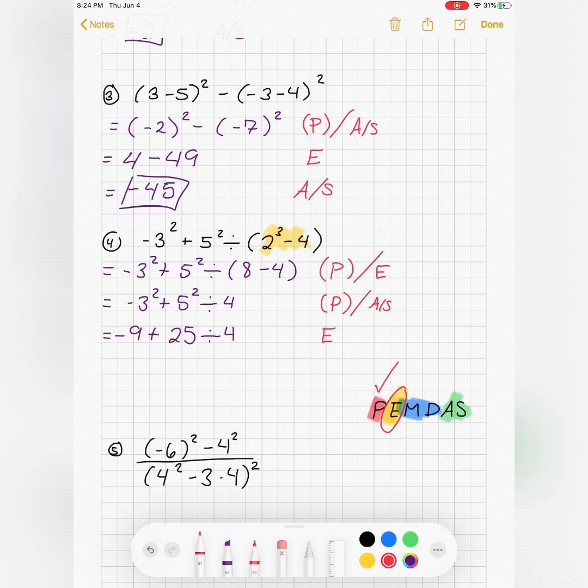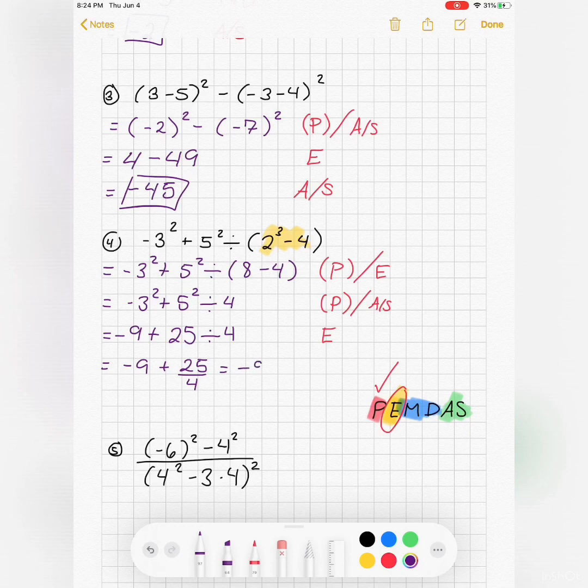Okay, so next I have to do my division. This one's a little ugly, I guess, huh? Because another way I could write this would be like so. Okay, so 25 is not actually divisible by 4. So how do I then add these together? So actually, you probably remember this from somewhere. I need an LCD.